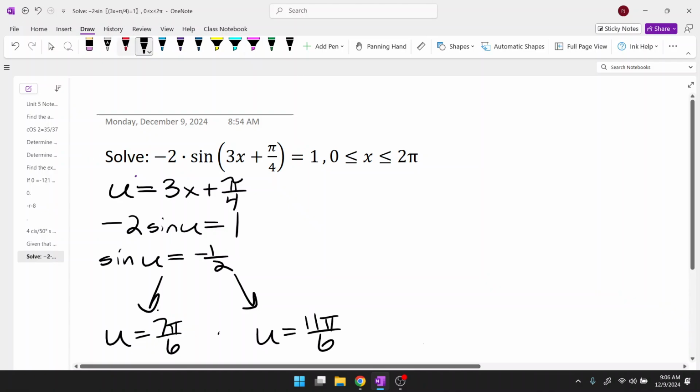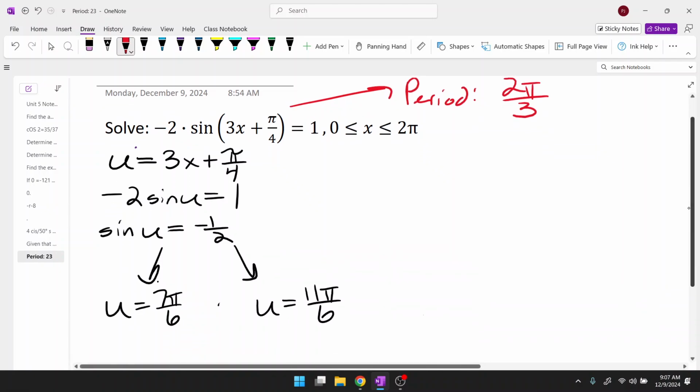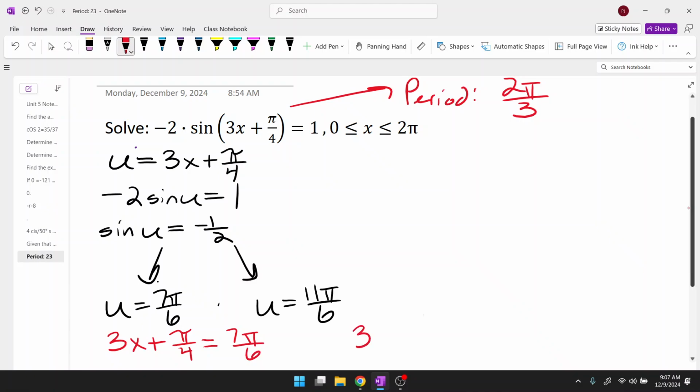Now, keep this in mind here. The period of this function becomes 2 pi over 3. So basically, we literally have 3x plus pi over 4 equal to 7 pi over 6, we have 3x plus pi over 4 equal to 11 pi over 6.